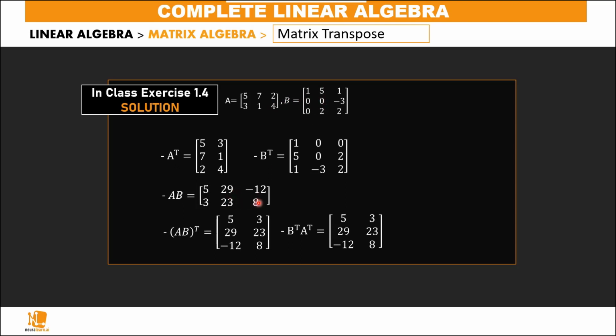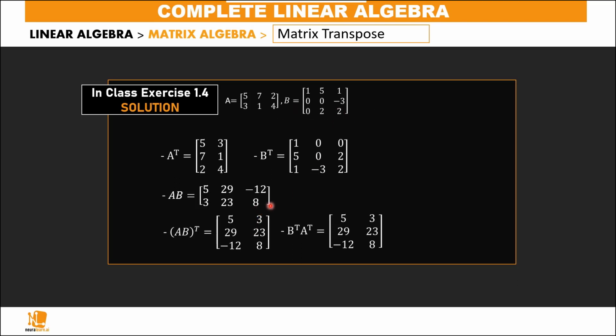Then lastly, the element on the second row, third column: 3 times 1 is 3, 1 times negative 3 is negative 3. 3 plus negative 3 is 0. 4 times 2 is 8. 0 plus 8 gives 8.